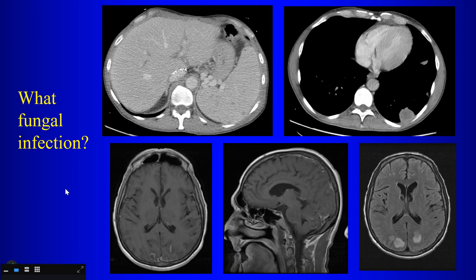Occipital. There are lesions, right? You see the ring, some of these are ring enhancing. So we have these lesions in the brain. So what fungal infection can affect immunosuppressed patients, but also disseminate to the brain?